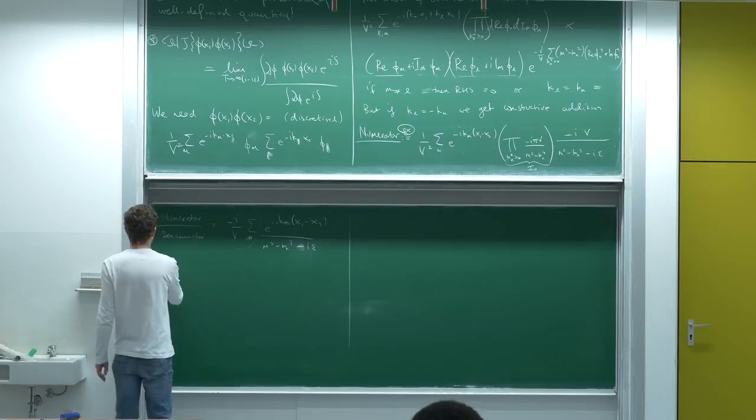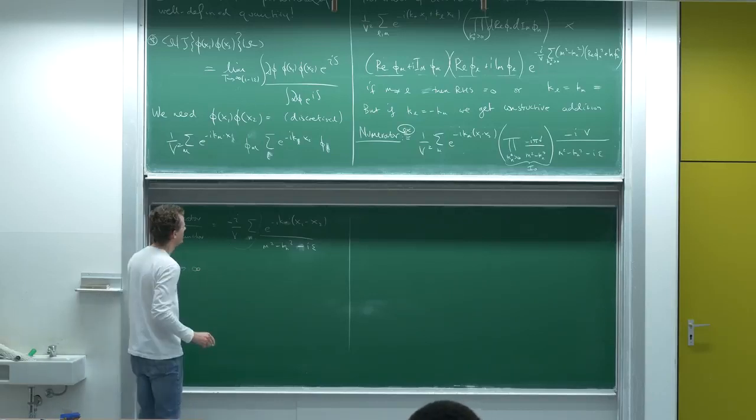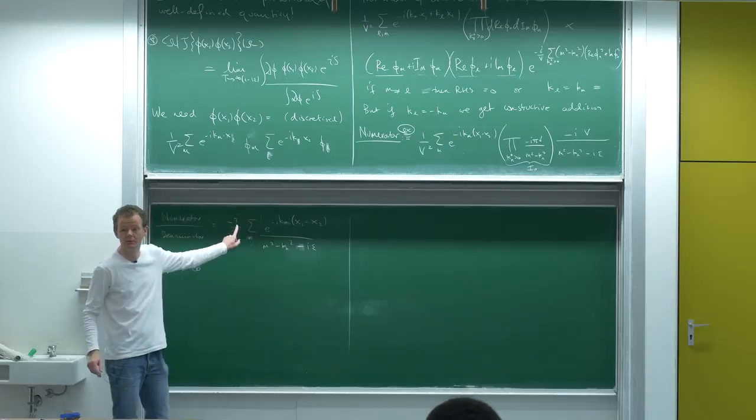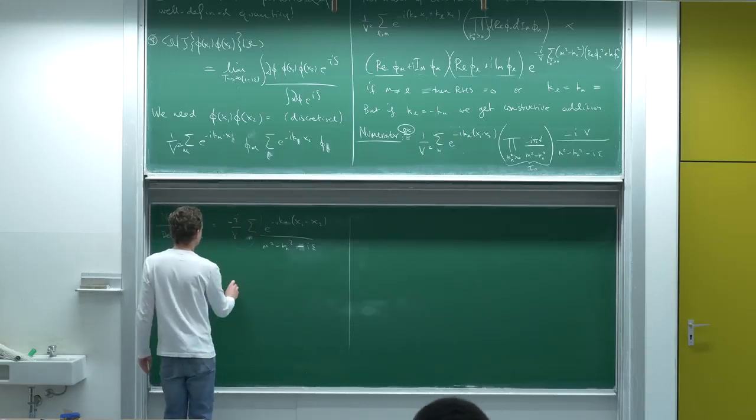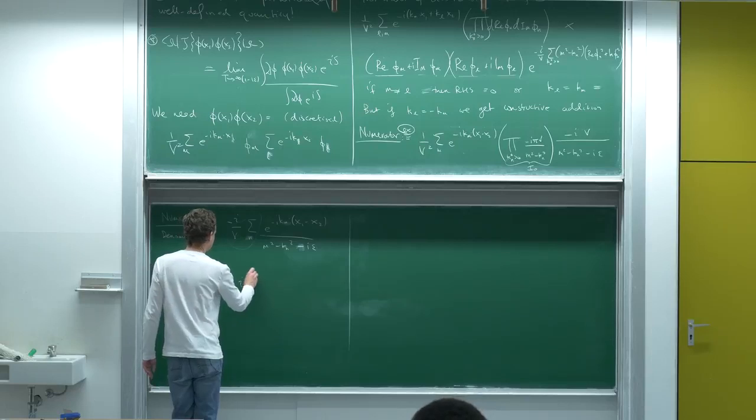If we take the infinite volume continuum limit now, then we can replace this sum with an integral, and we end up with something that you should all know very well indeed.